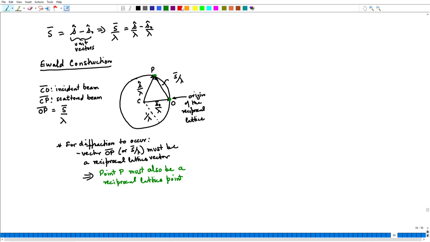So, if there was another reciprocal lattice point falling at some other location, for example, out here, then I will get another scattered beam in this direction.